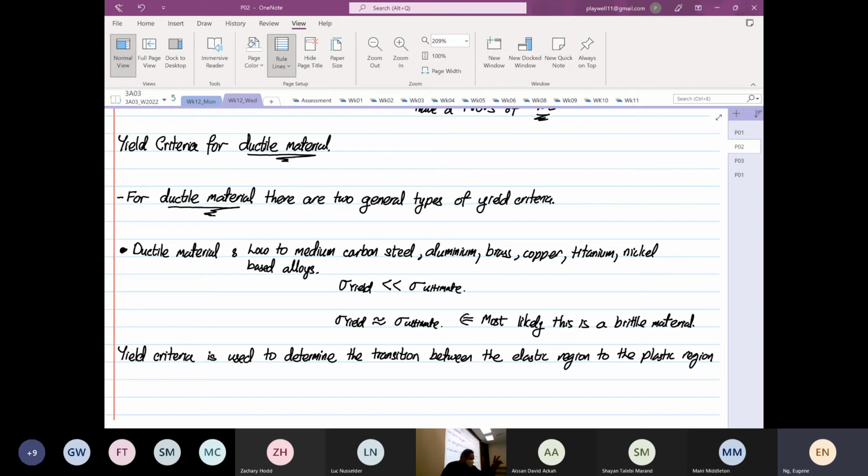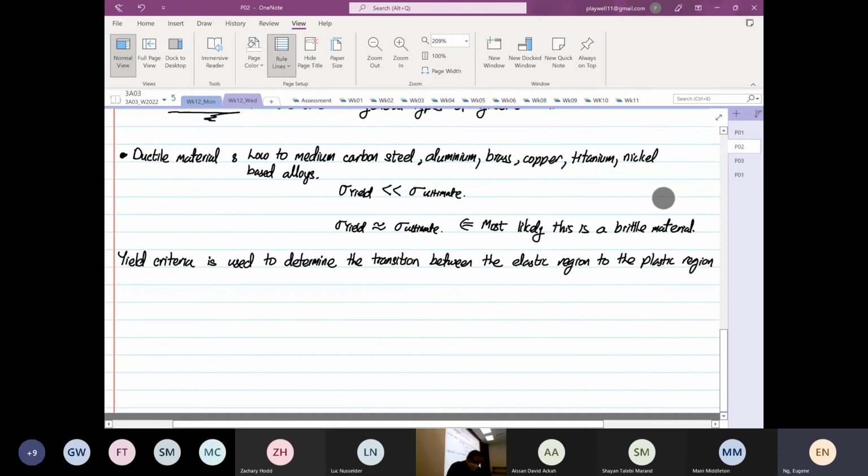Okay. So there are two criteria that will be used, that will be taught. There are two types of yield criteria, I mean, commonly used. You have seen one in action already.